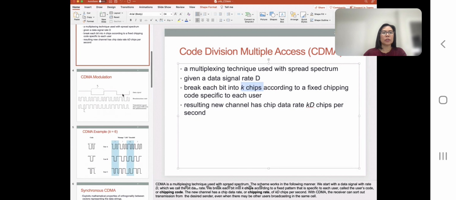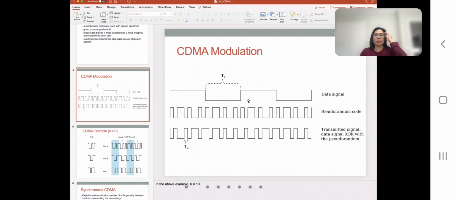So this is an illustration. In this example, this is the original data. Let's say this is 1010, the sequence of binary digits. And these are the chips that we talked about before.